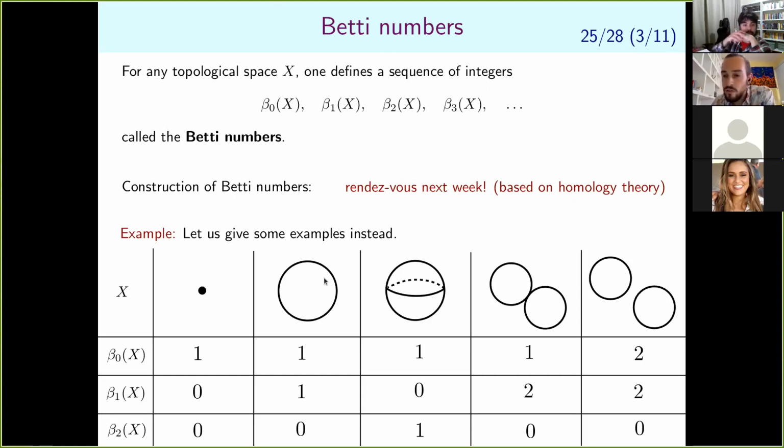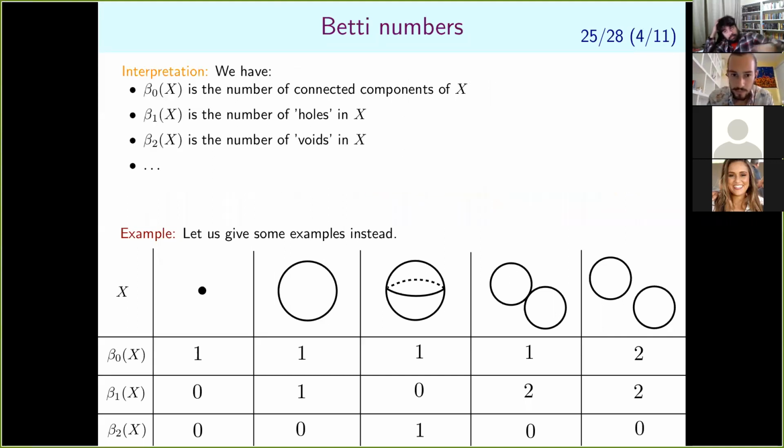I consider 5 topological spaces here, and I wrote down their Betti numbers, the first 3 Betti numbers. This may be a bit mystical for some of you, but actually there are very nice interpretations of these numbers. So let me read that for you.